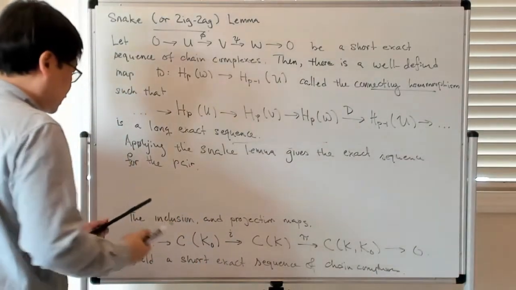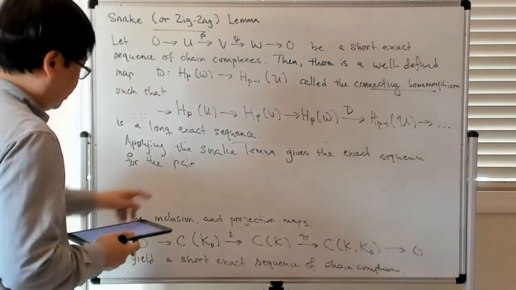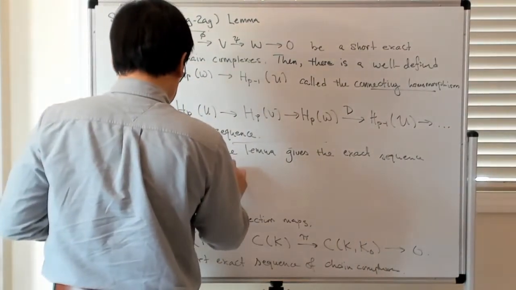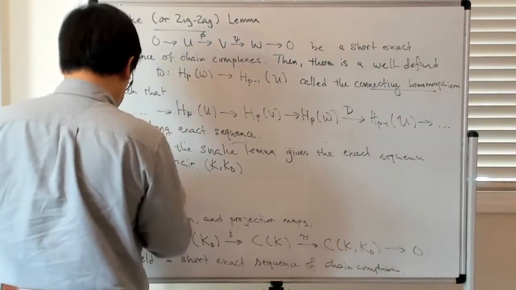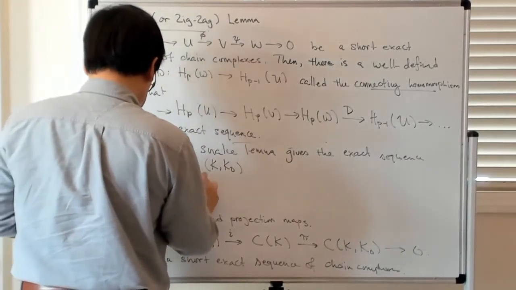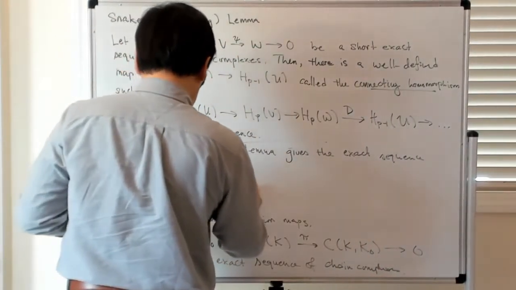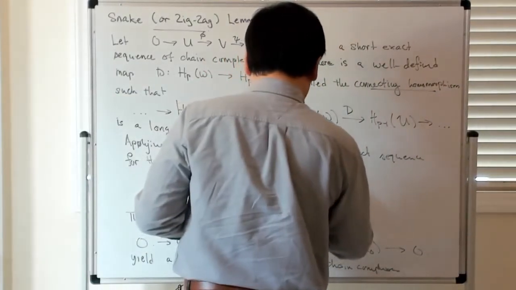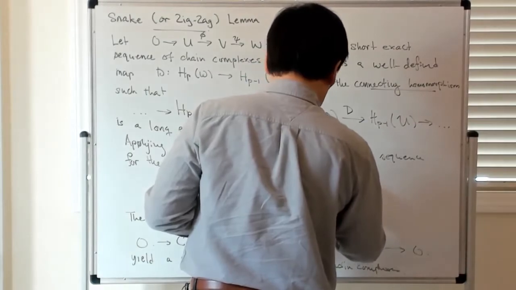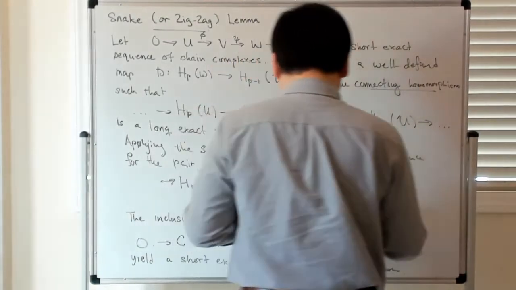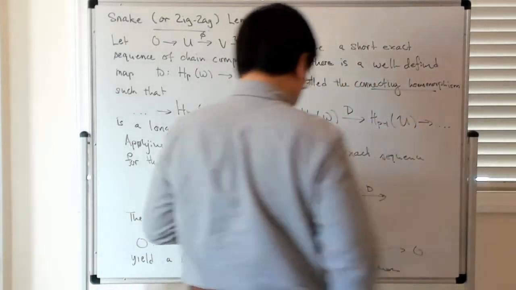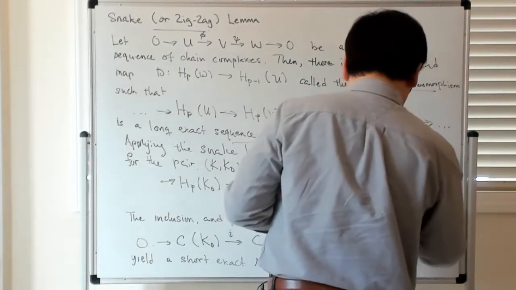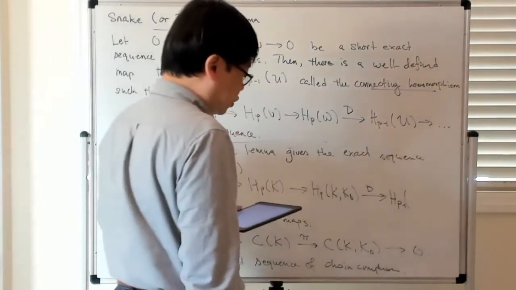One has to check this, but it should be relatively straightforward to show. And then this is the connecting homomorphism to the lower dimensional homology.